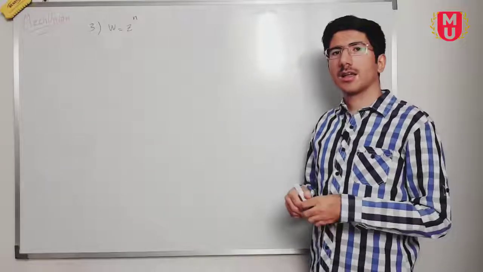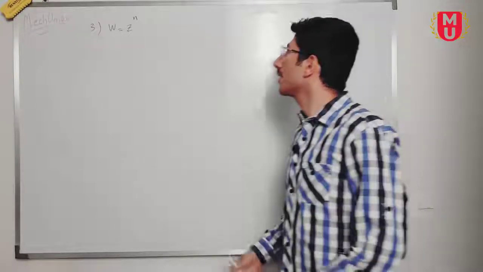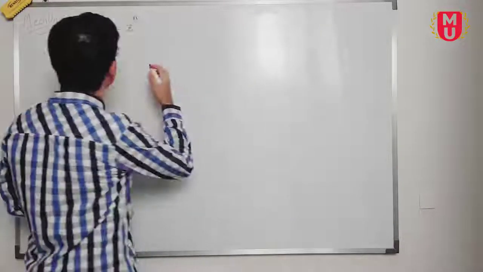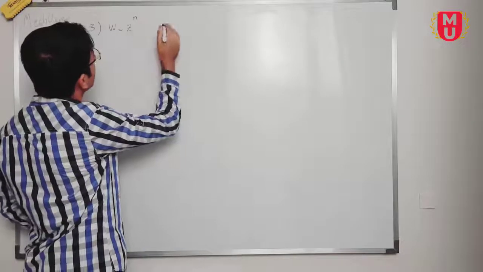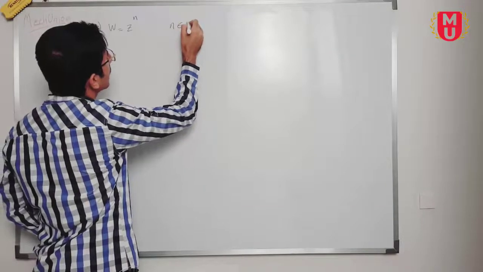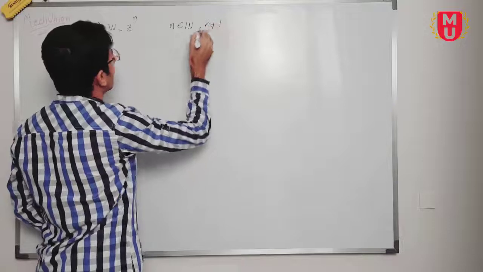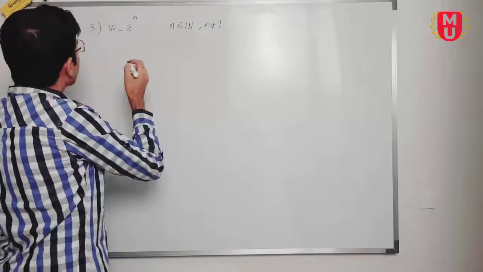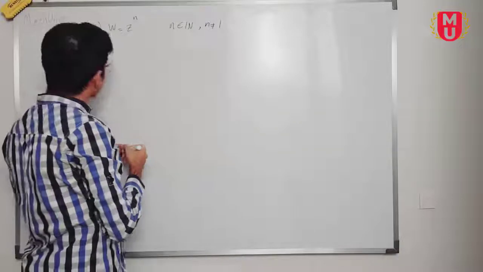Okay, for the third type of this mapping function, choose w equals z to the power of n, where n is a natural number and it's not equal to 1. We simply write it down in Euler form.